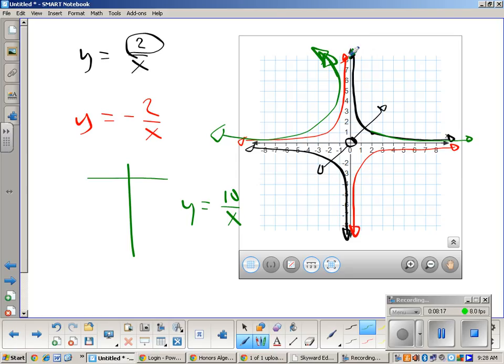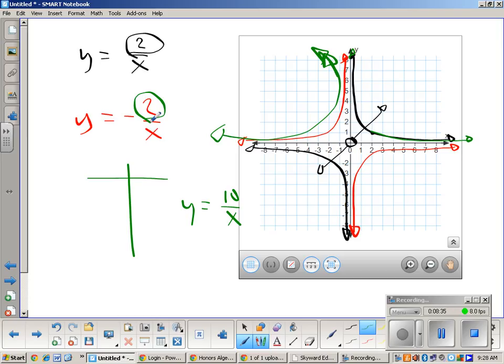I do want you to understand, though, that the bigger that top number, the further away from the origin you're going to be. Okay? So that is how we're going to attack the inverse variation.